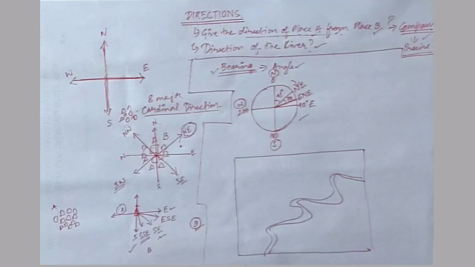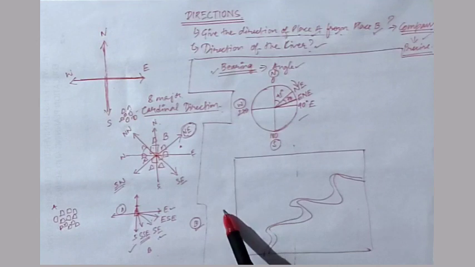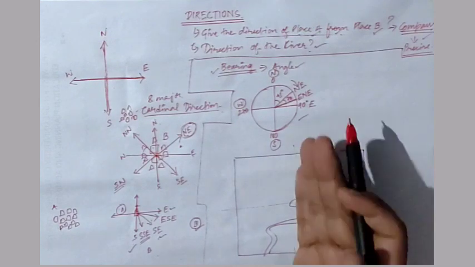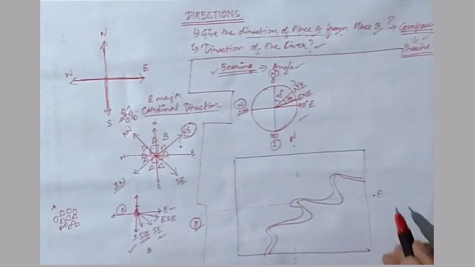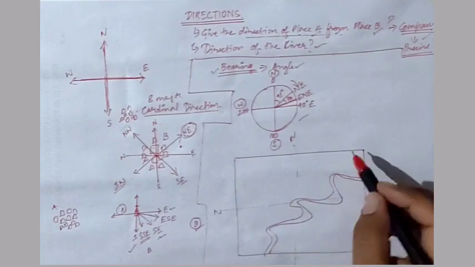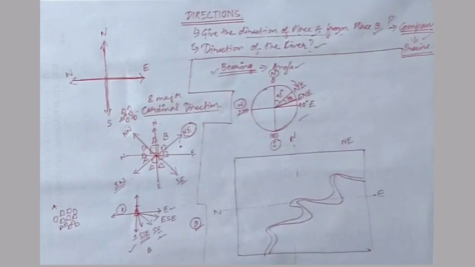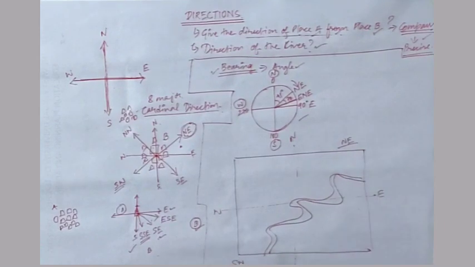Here you can draw the direction over the whole map, covering the whole map. You can imagine the map like lines also. So here the north, east, south, and the west. In between, it is flowing to the southwest from the northeast. So the direction of the river is from northeast to southwest.